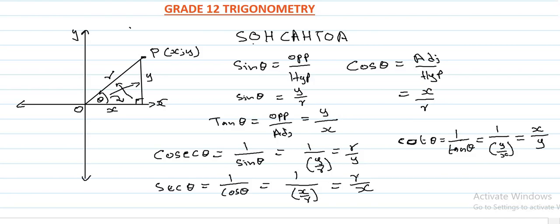So if you don't understand how you got r over x or r over y or x over y, you must say this is 1 divided by x over y. Then to change the division sign, remember we introduce multiplication. This is 1 multiplied by y over x, which is y over x.